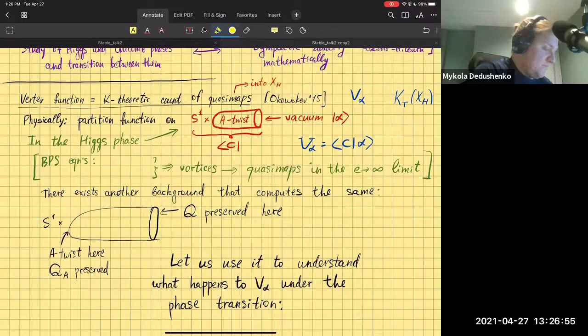This one fixes a vacuum at infinity. The cigar prepares a state, and then the overlap is this V alpha. The set of these V alphas for all vacua gives you a certain element in the K-theory of your Higgs branch.